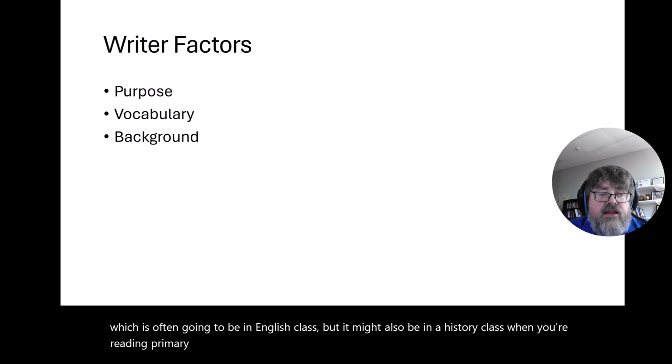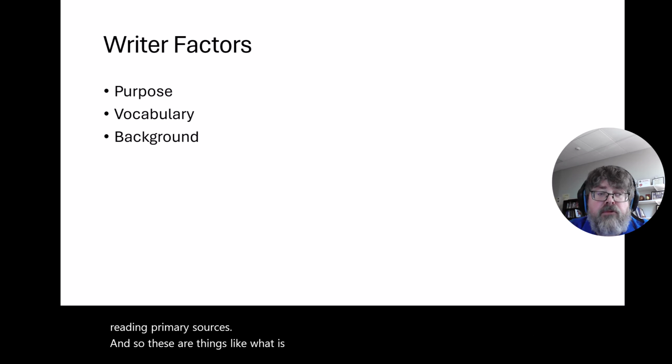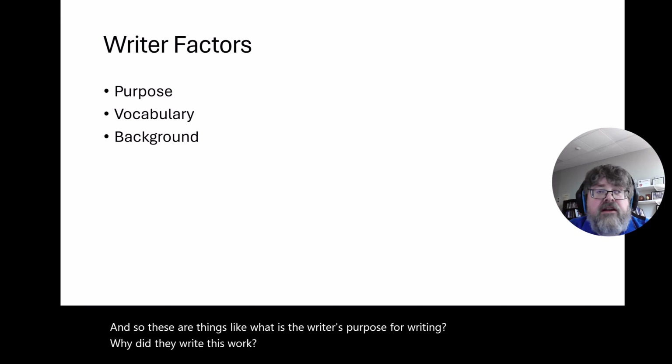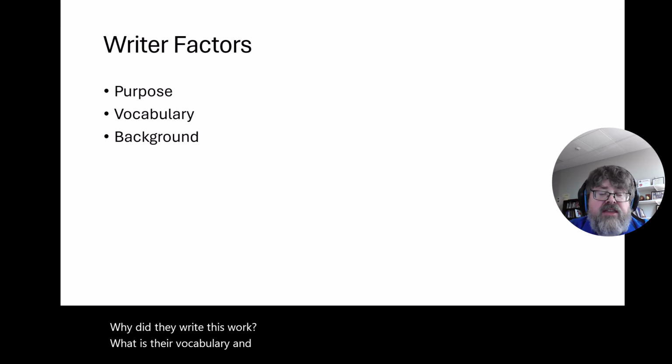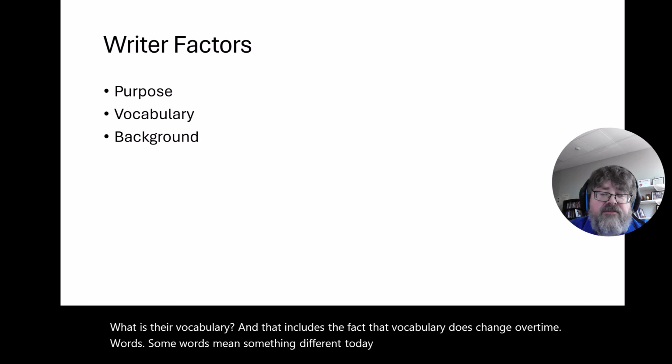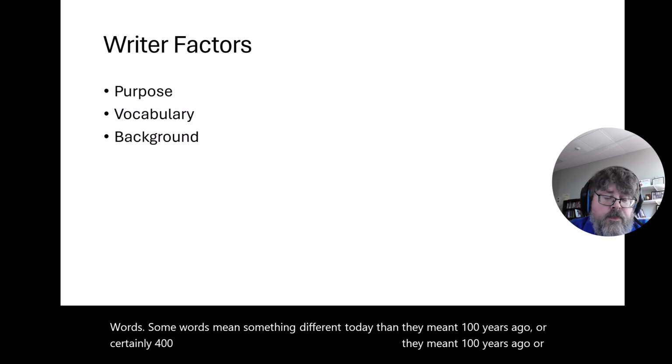And so these are things like what is the writer's purpose for writing? Why did they write this work? What is their vocabulary? And that includes the fact that vocabulary does change over time. Some words mean something different today than they meant 100 years ago, or certainly 400 years ago.